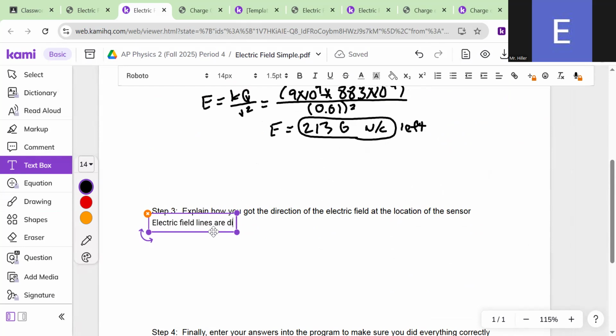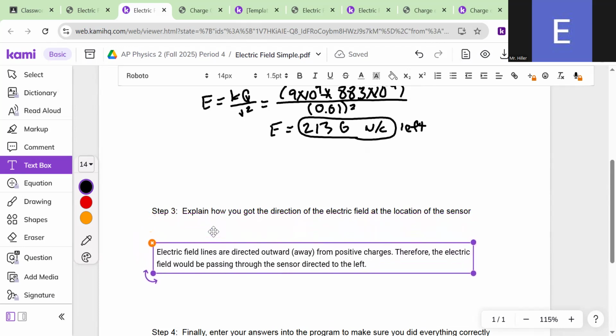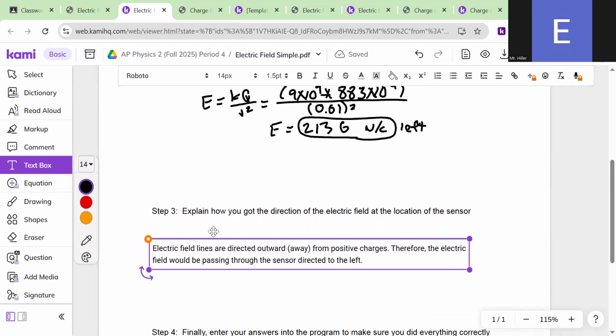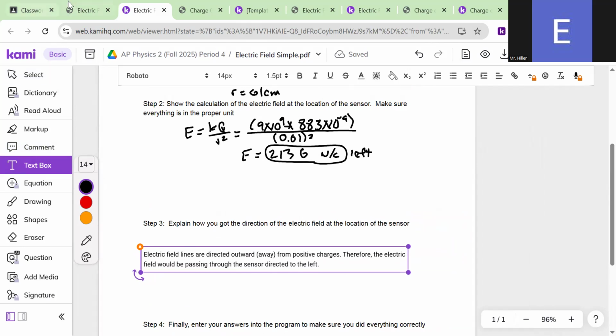And therefore, the electric field would be passing through the sensor directed to the left, since the sensor is on the left side of the charge.